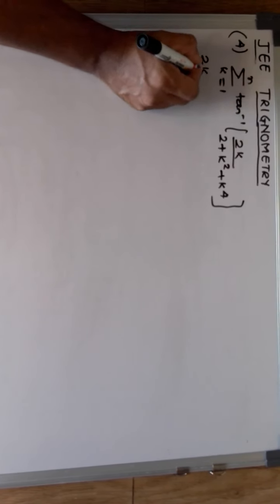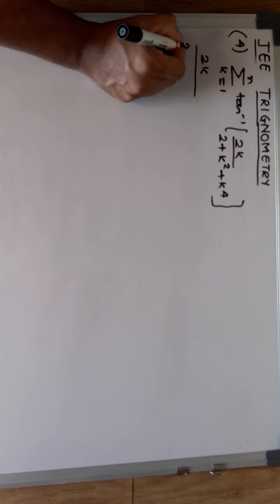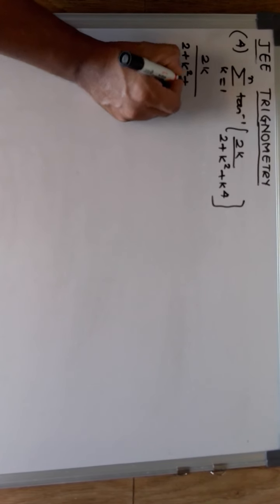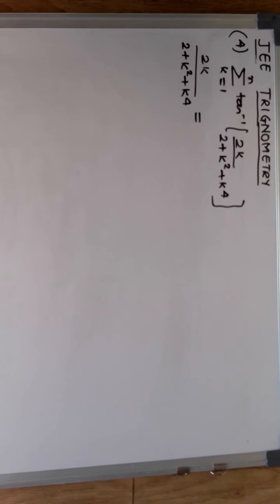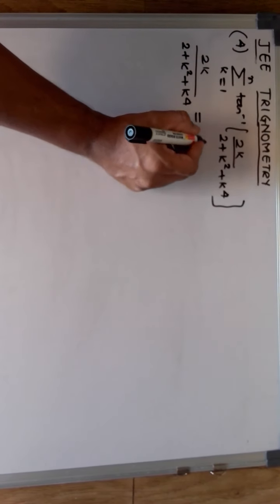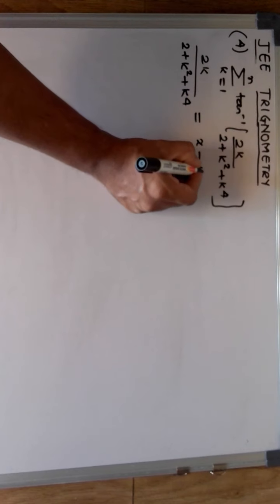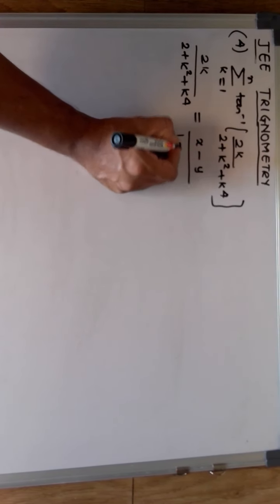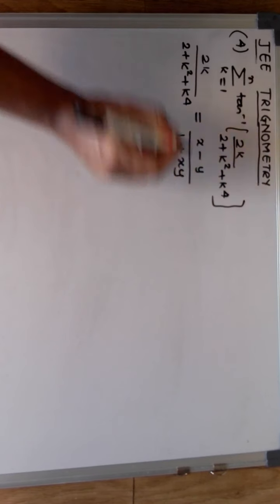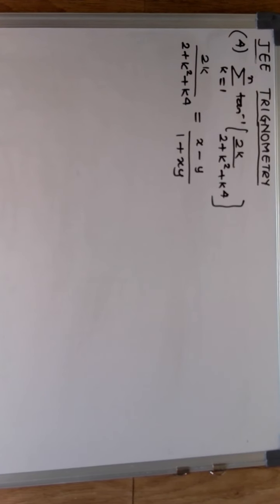This 2k upon 2 plus k square plus k raised to 4, I am thinking of writing in the form of x minus y upon 1 plus xy. Agreed? If I write in this form, it will directly break down as tan inverse x minus tan inverse y. That will be helpful.